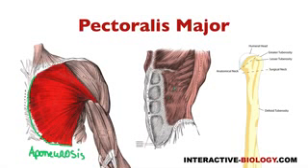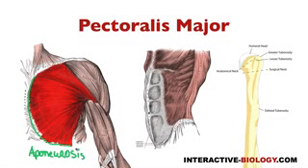Now you can see the external oblique muscle here is one of the abdominal muscles, and the aponeurosis, we have this flat tendon-like substance here. It's kind of like a flat tendon that we call the aponeurosis, and that's where we're going to have the final part of the origin of the sternocostal portion.